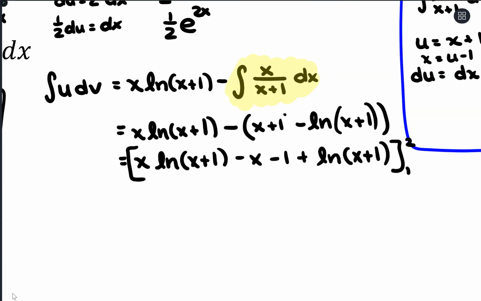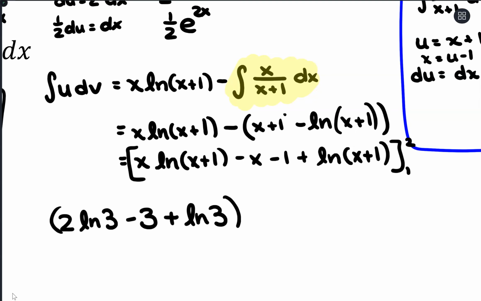So we're going to plug in 2, so we're going to have 2 times natural log of 3 minus 2 minus 1, so minus 3, plus natural log of 2 plus 1, so 3. And then minus, if we plug in a positive 1, so 1 times natural log of 2, minus 1, so minus 2, plus natural log of 1 plus 1 is 2.